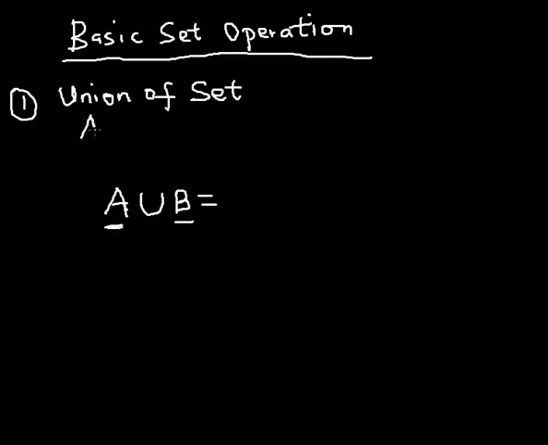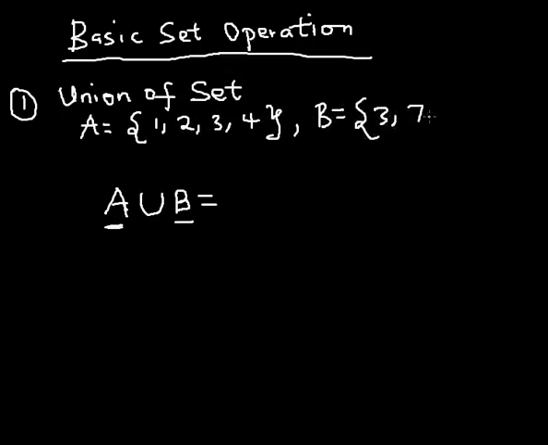For example, let's say I have A equal to {1, 2, 3, 4}. Then I have B equal to {3, 7, 8}.